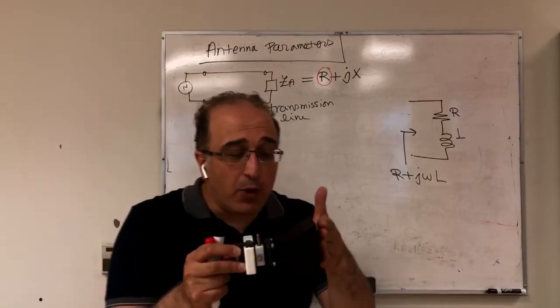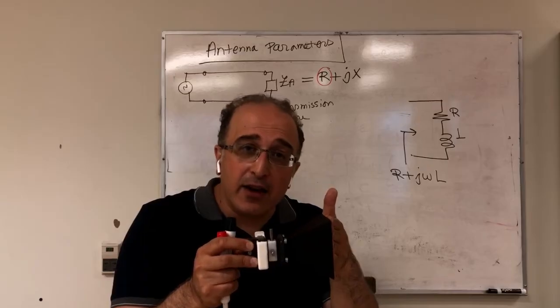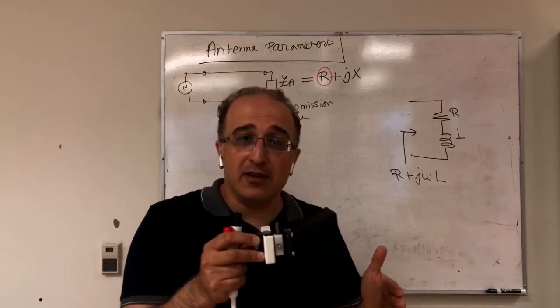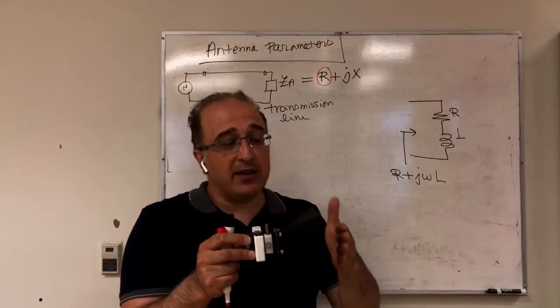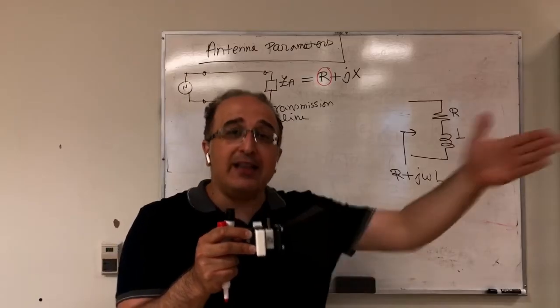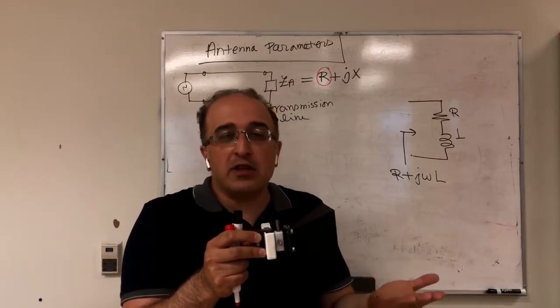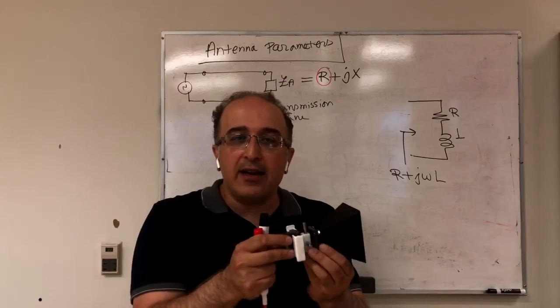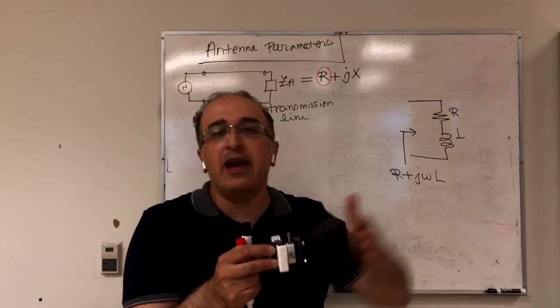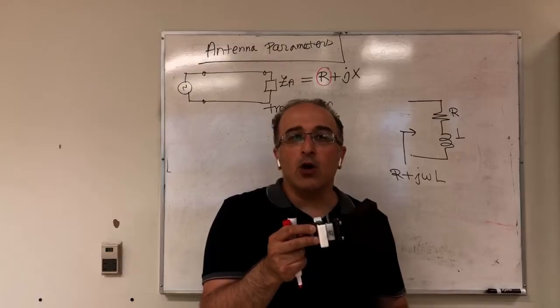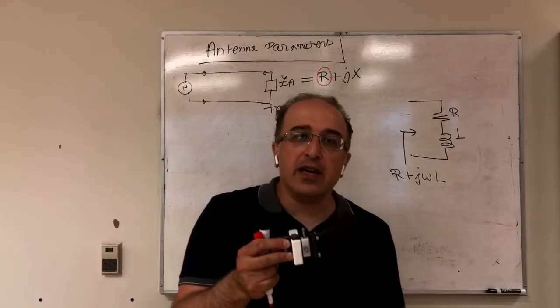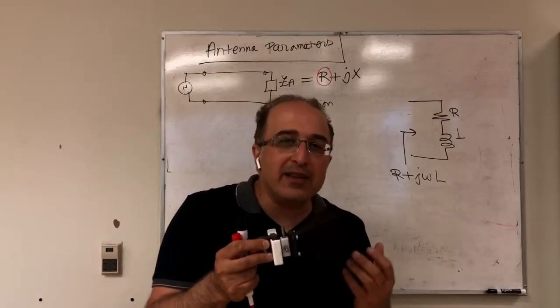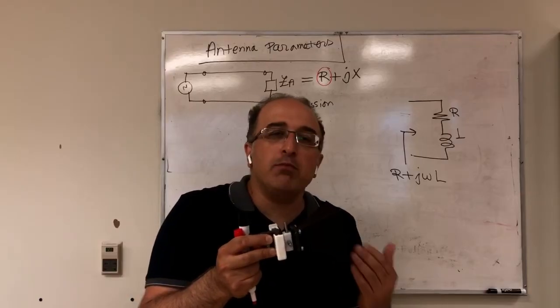But remember that part of the energy, the antenna is going to turn into radiation. That's the job of the antenna. So if the antenna radiates part of the energy, what's going to happen is that from the circuit viewpoint, that energy has been lost because it has been radiated away. So that's the loss of energy from the circuit viewpoint. Remember, that energy has not been wasted.